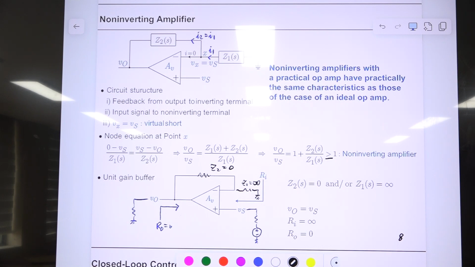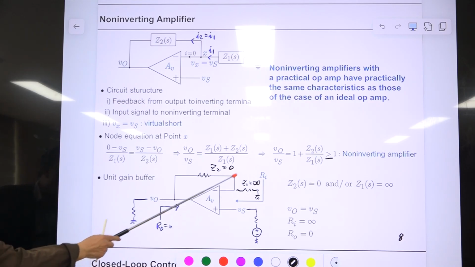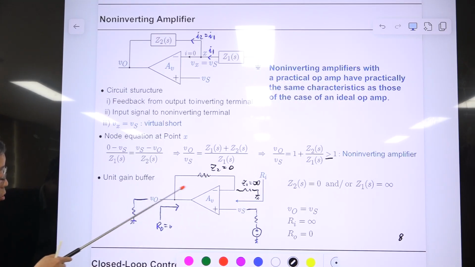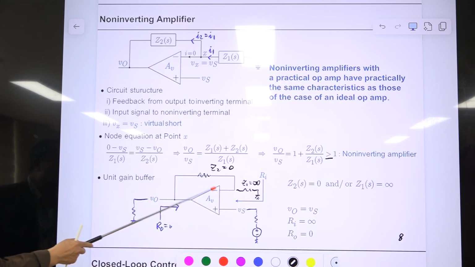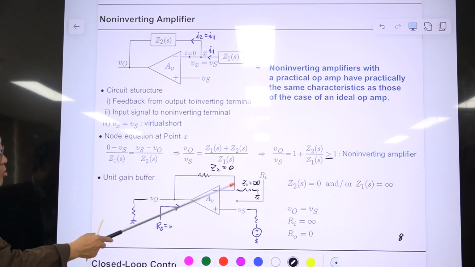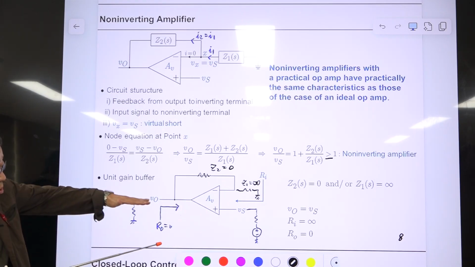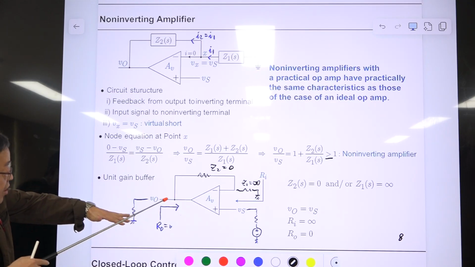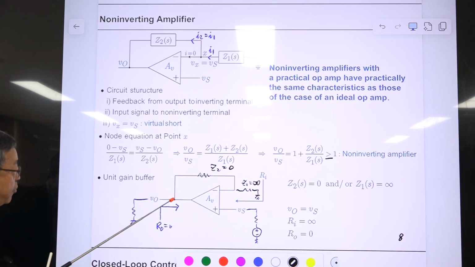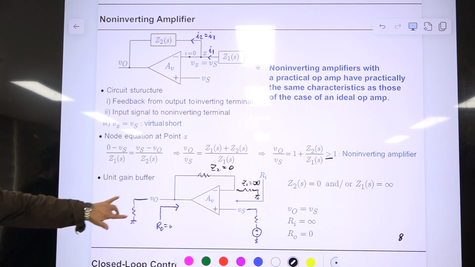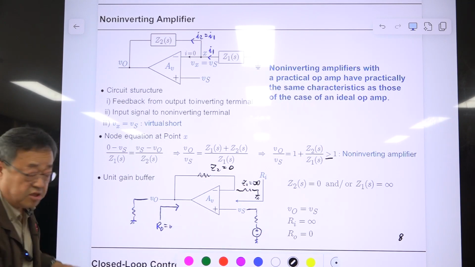If either of them or both of them are true, then this is gone and this is shorted, then the input voltage becomes the same as the output voltage because of this virtual short, and that voltage occurs here. And if RO, the output resistance of this op-amp, is zero, then that voltage, this Vs voltage, will appear here. So whatever the load is, for all loads, this output voltage is the same as this input voltage.